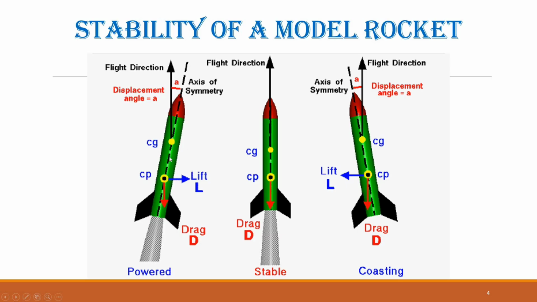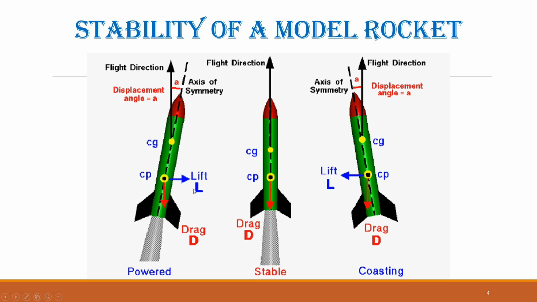This inclination generates a lift force directed to the right, which acts to restore the rocket to its original flight path. On the right, a coasting rocket has its nose perturbed to the left. In this case, the lift force is directed to the left, again pushing the rocket back toward the intended path.